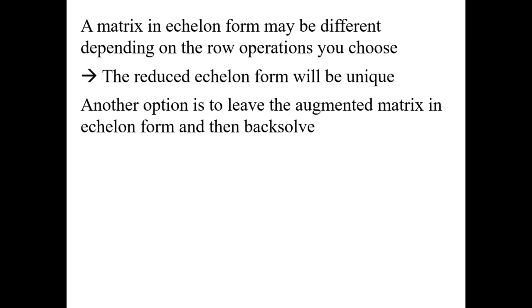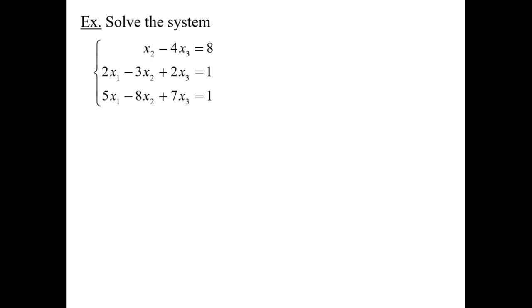It comes up a lot. So it is definitely worth the time to put in now. Understand this process. Know how to put a matrix into echelon form and reduced echelon form because it will definitely be worth the effort. All right, let's do this example next.